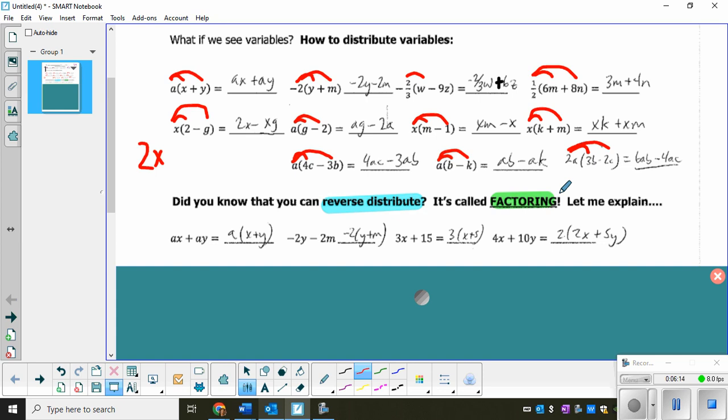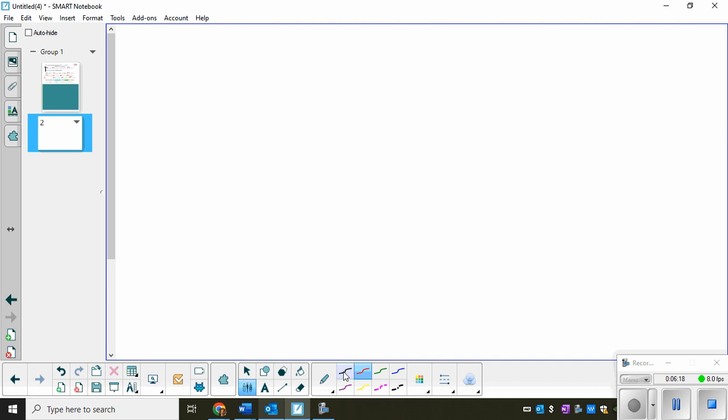Okay, now factoring is something that you have learned about already. And let me just review a little bit what you know about factors. So if I take the number 10, here are all the factors of 10. I could do 1 times 10 to get 10, or I could do a 2 times 5. So if I'm listing out all of the factors of 10, I'm going to list out these numbers: 1, 2, 5, and 10.